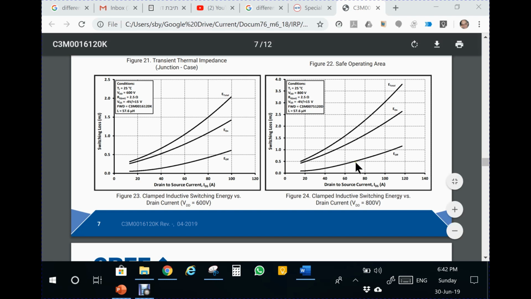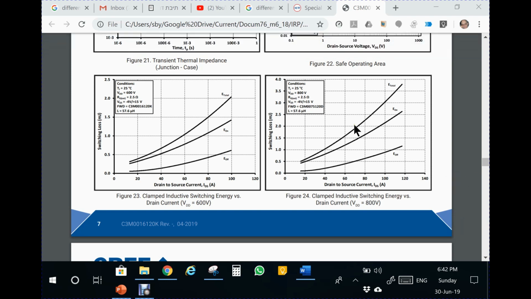We were talking about this point here. While, of course, if you work at 40 amp or 30 amp, which would be more reasonable for this device, then the total will be less than 1. So we are in a better position here.